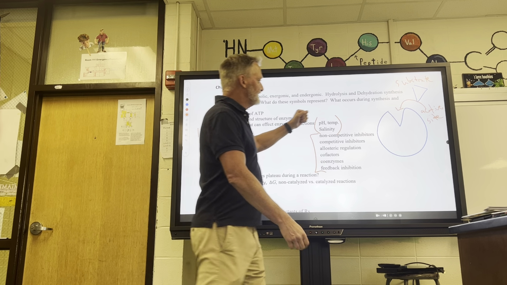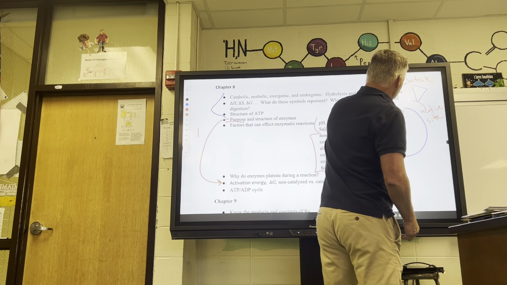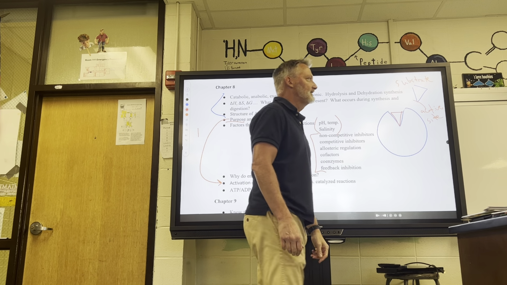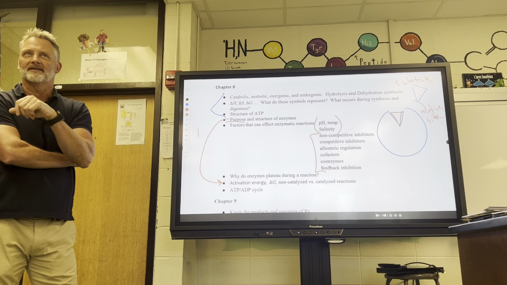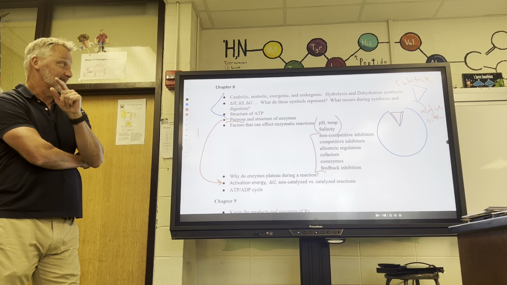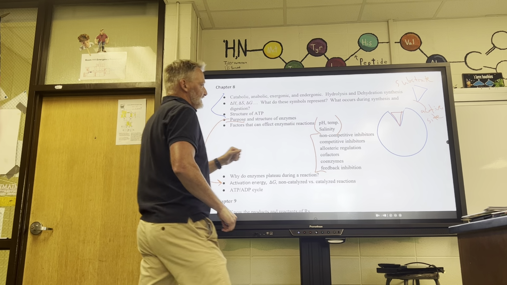So if I go back to this, if I put something right here, that red thing is blocking the substrate, what's that called? That's a competitive inhibitor, right? It's competing with the active site.